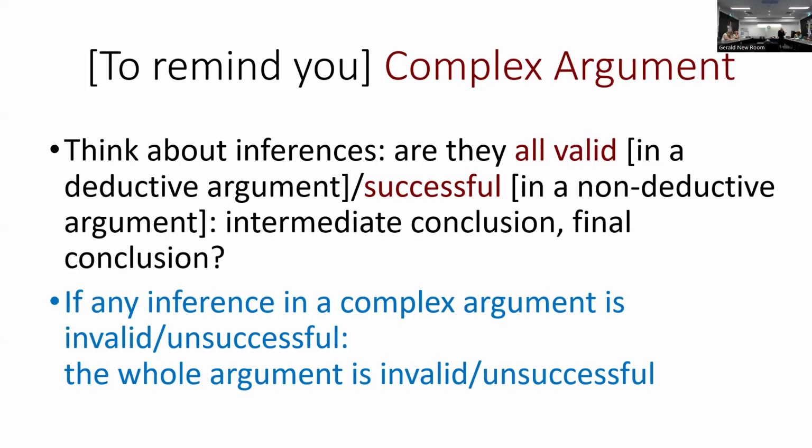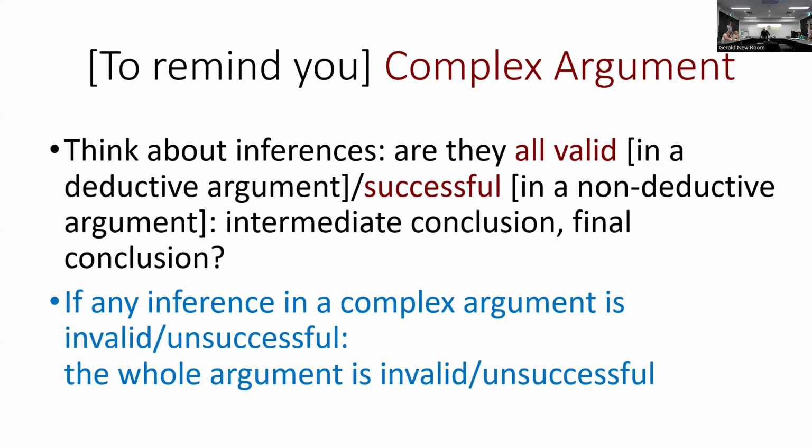Yes, that's right. Invalid is only deductive. Valid or successful, unsuccessful in non-deductive arguments, yeah? Okay. So the whole argument is invalid or unsuccessful. Because we are talking complex arguments, so we got several steps, remember?